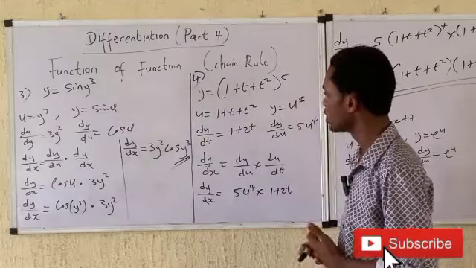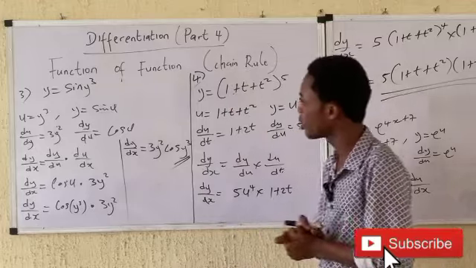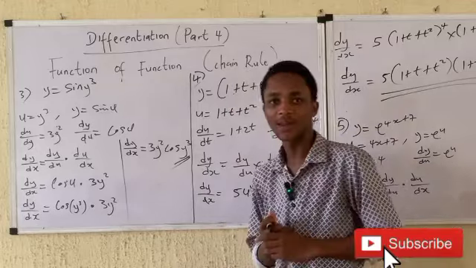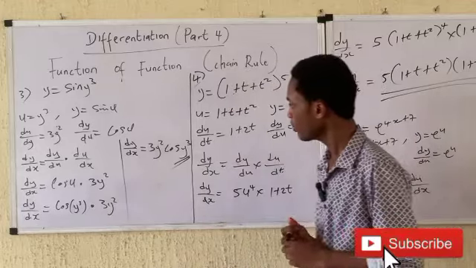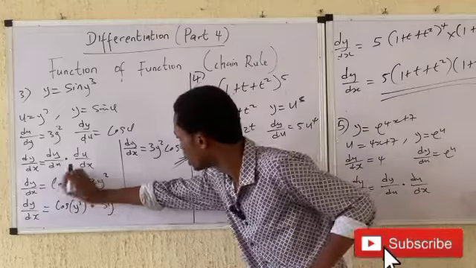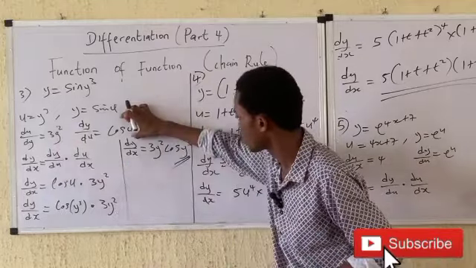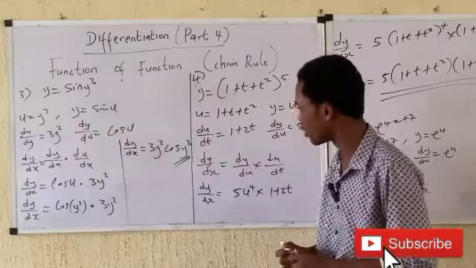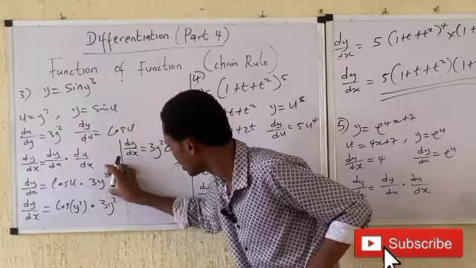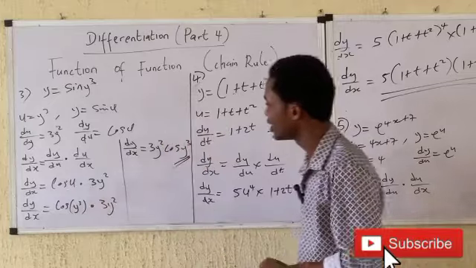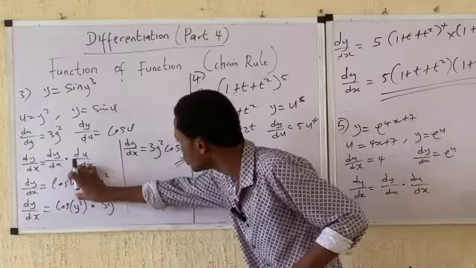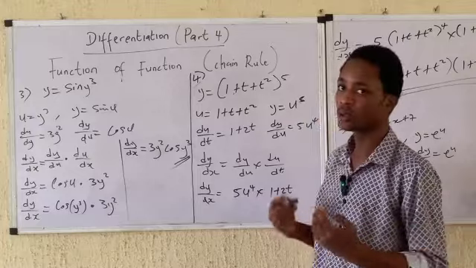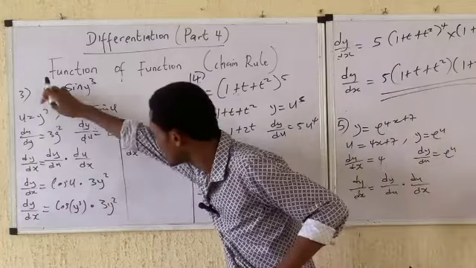Using the general formula, dy/dx equals dy/du times du/dx. So dy/dx equals our dy/du, which is cos u, times our du/dx, which is 3y raised to the power 2. Remember that we took u as y raised to the power 3.